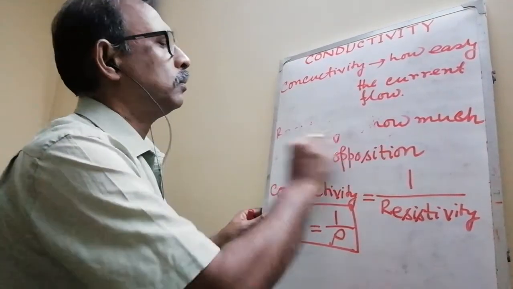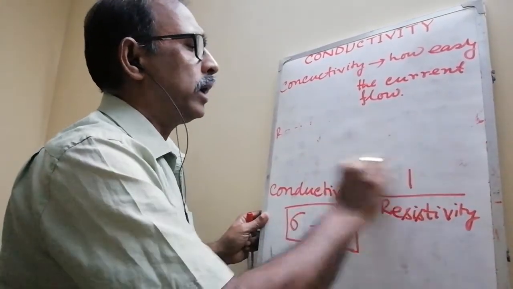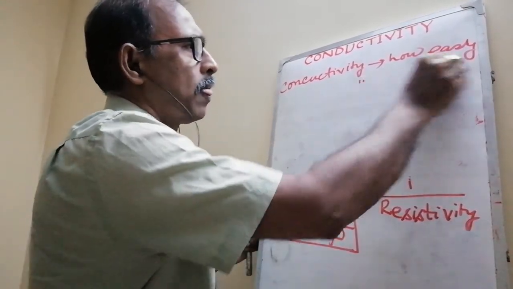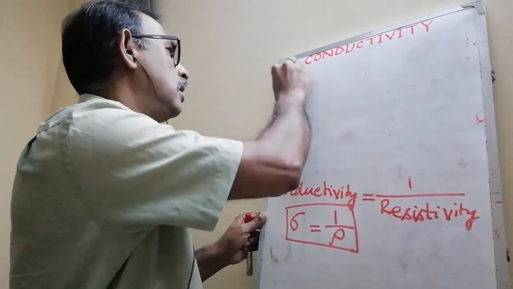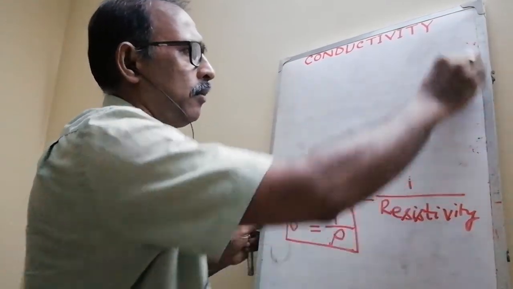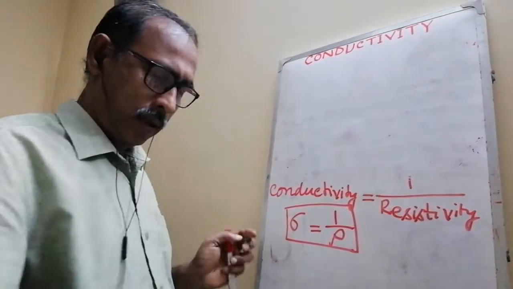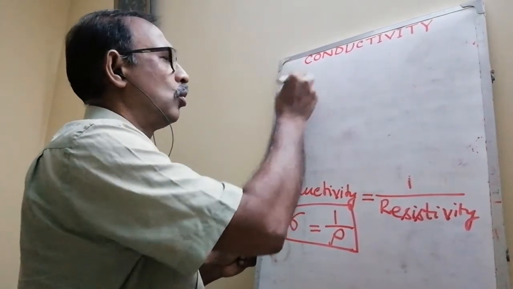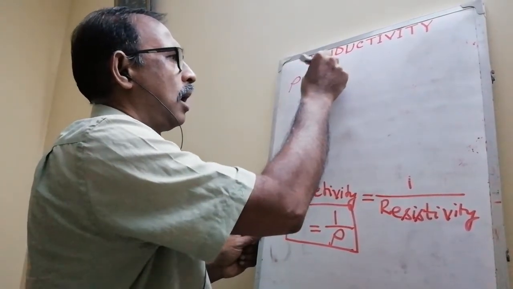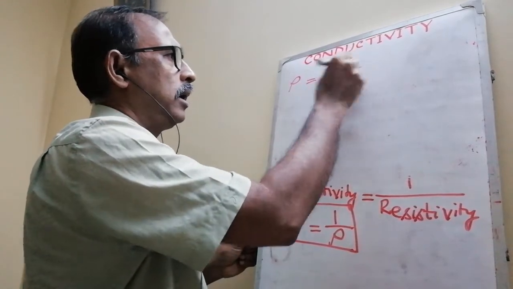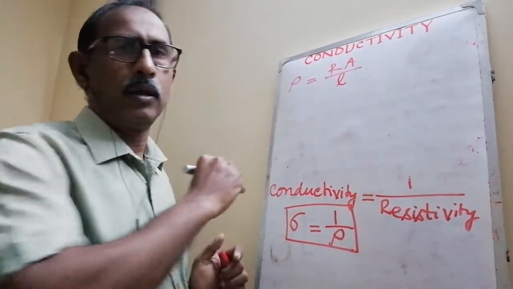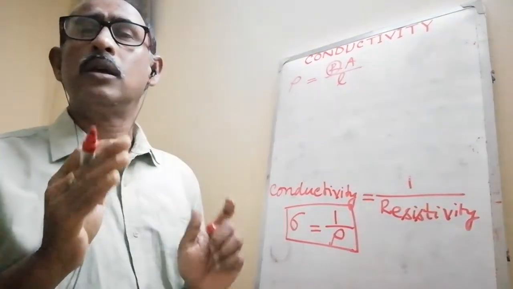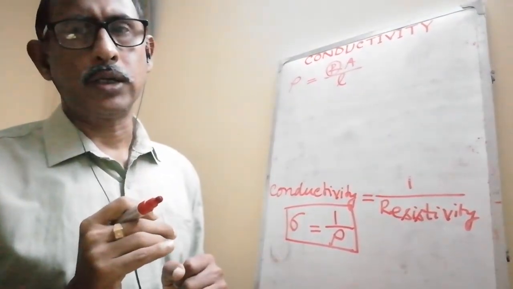Now we know the formula for resistivity: rho is equal to RA by L. What is R? R is the resistance of the conductor.